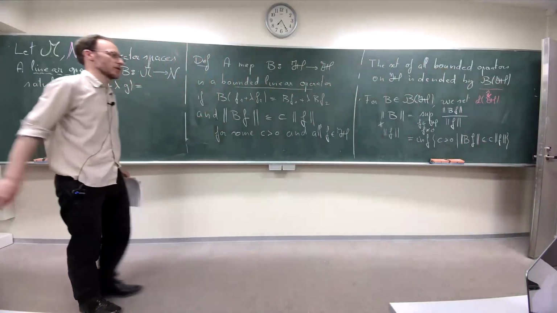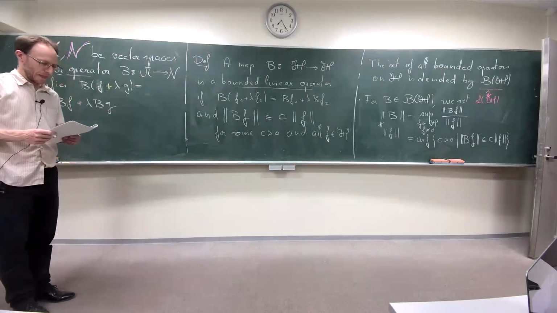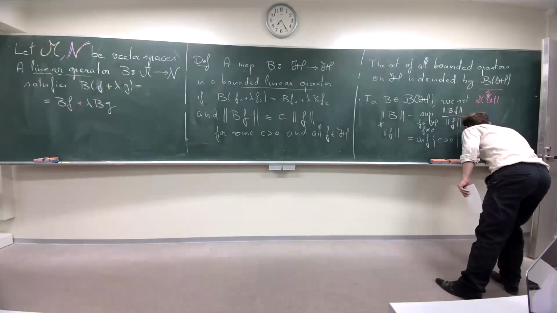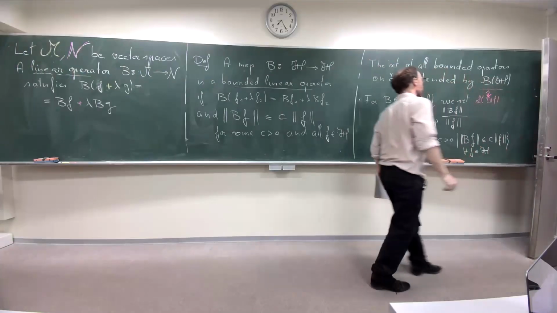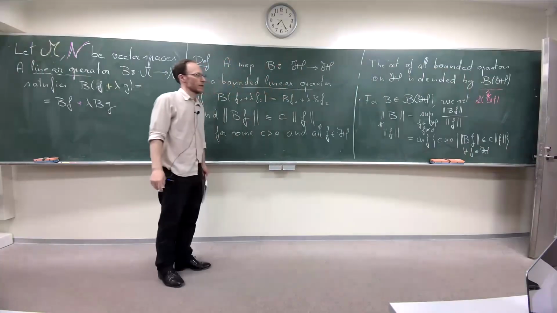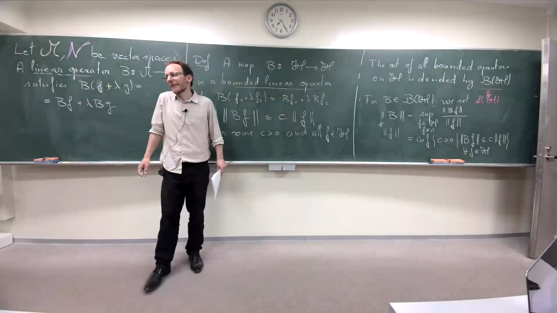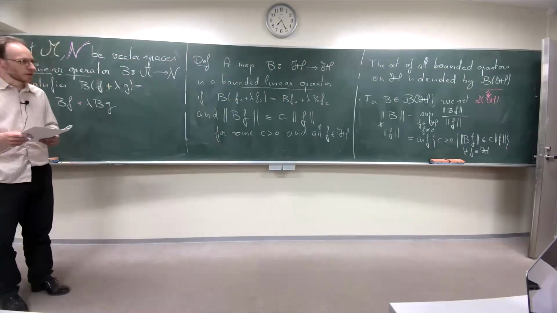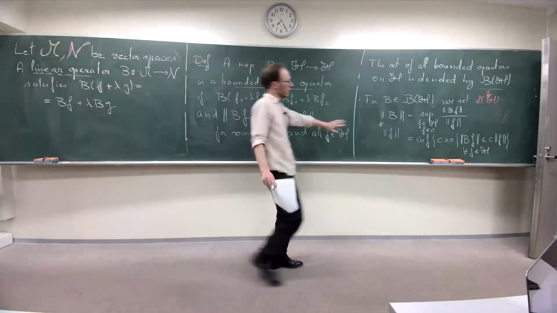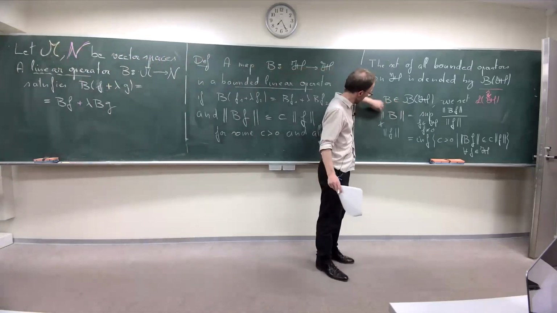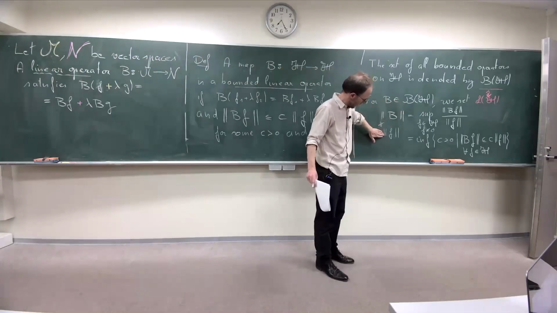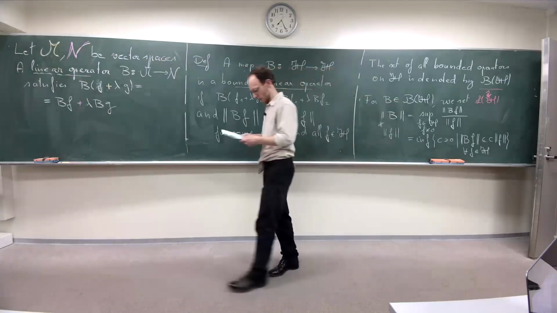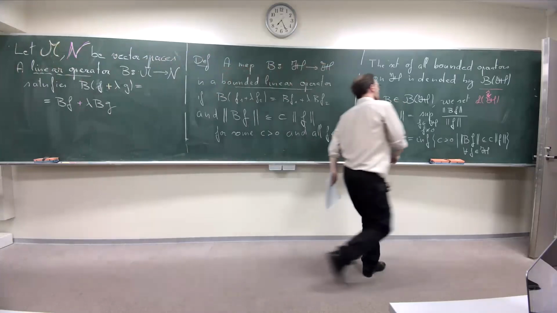I already mentioned this before. This is the size of your matrix, but we are dealing with more general things than matrices. So be careful. We use the same double lines for the norm of a vector and the norm of an operator. That's a convention.